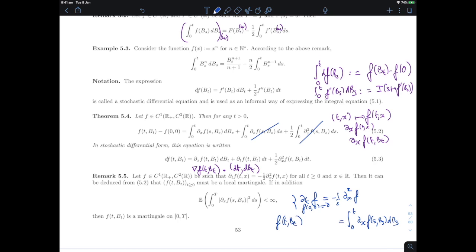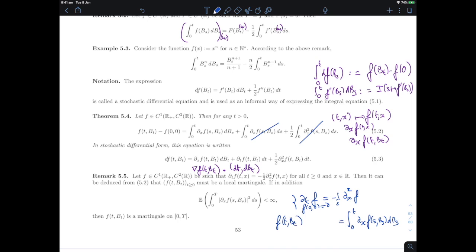Okay, so as you can see, the Ito formula gives us a lot. It gives us a concrete way of computing Ito integrals by hand. It gives us a new way of thinking of the Ito integral in a pathwise manner, so fixing a value of omega and computing integrals for that fixed value of omega. It gives us a way of interpreting stochastic differential equations really as integral equations in an appropriate sense.